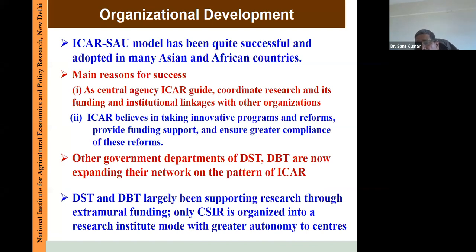The other government departments are expanding their network on the pattern of ICR. Basically, the DST and DBT largely support research through extramural funding. Only the CSIR is organized in a research institute mode with greater autonomy to their institutions.